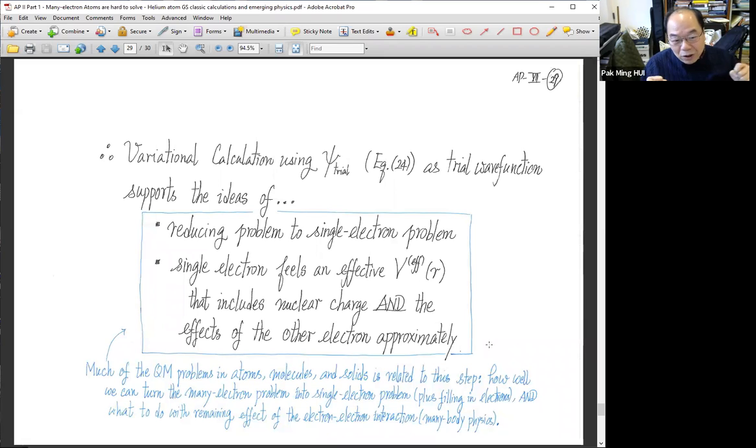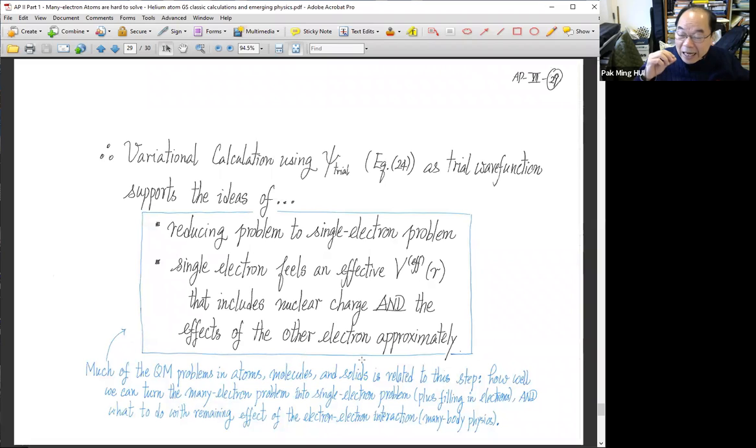The single electron feels two things: the nuclear charge, no doubt, that is attractive, but the remaining Z-1 electrons also provide an effective repulsive term on the one electron that we focus on, okay?